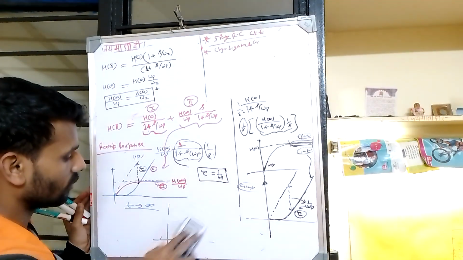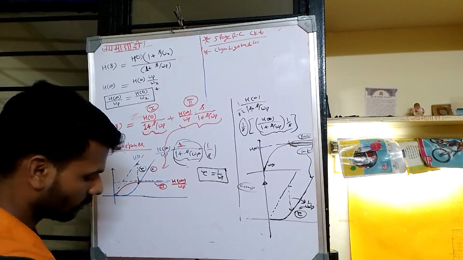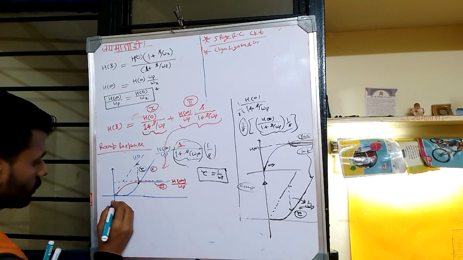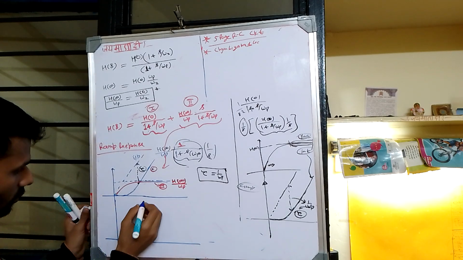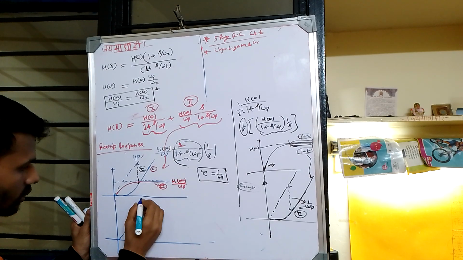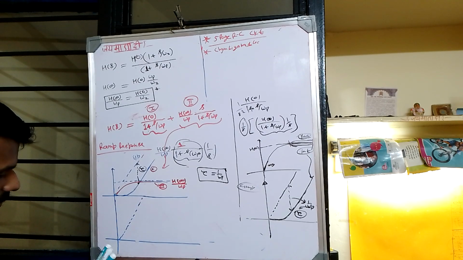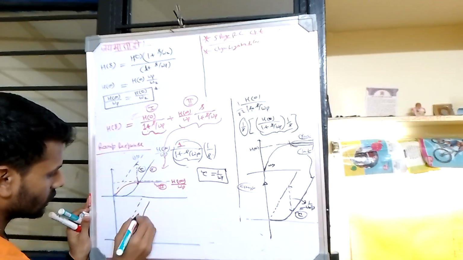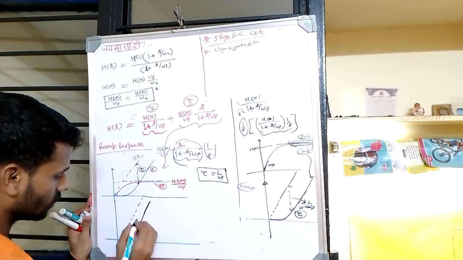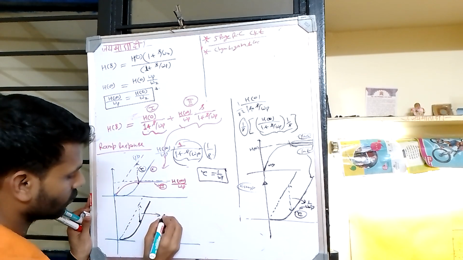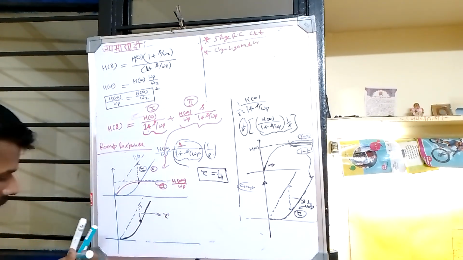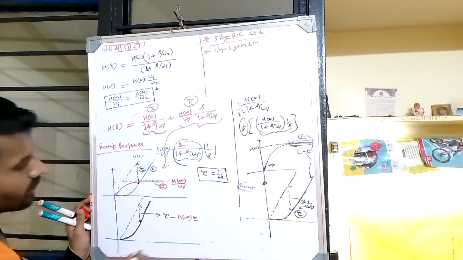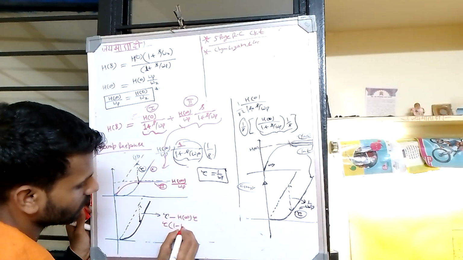So now my final plot, the final output or final ramp response, let us suppose this was my input, and my final output will be, now my delay is reduced by h of infinity upon omega p, means 1 upon omega means tau. So if you take tau common, then 1 minus h of infinity.